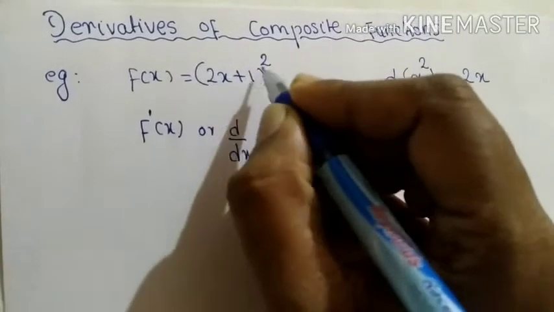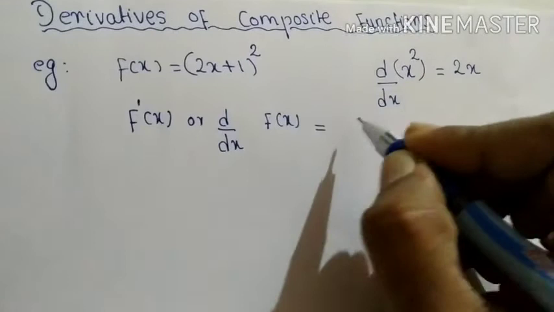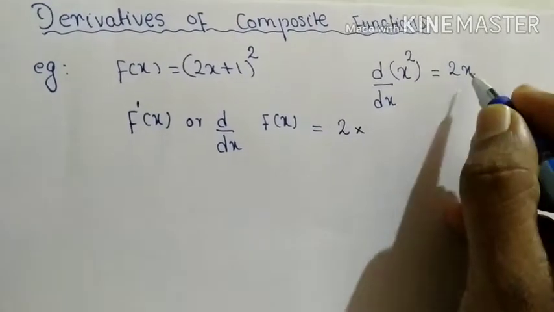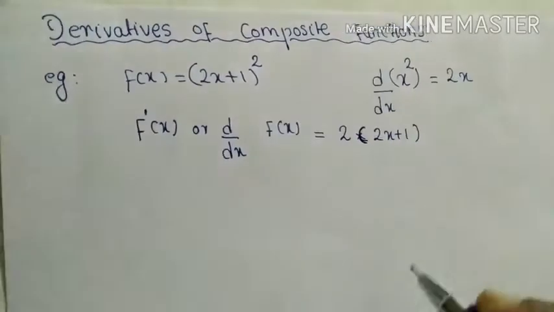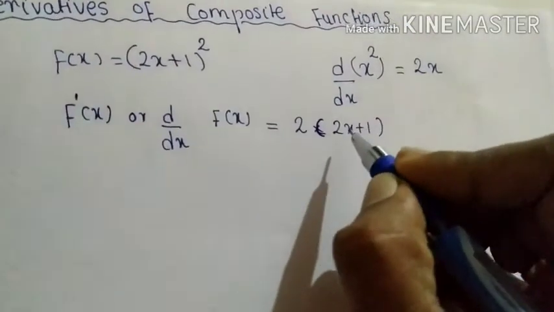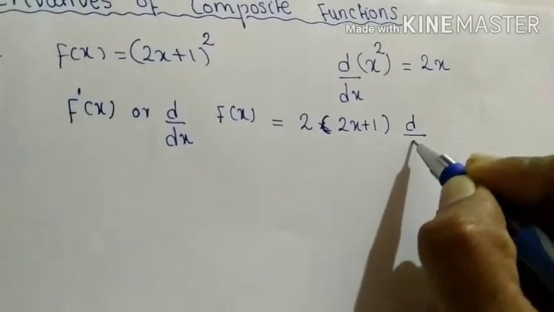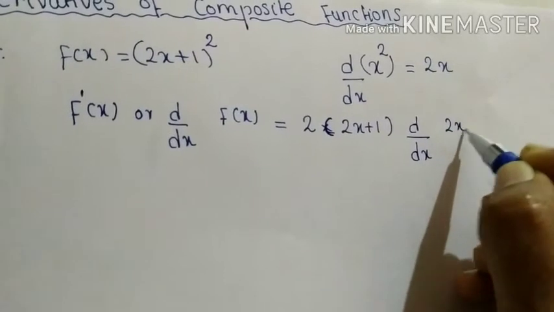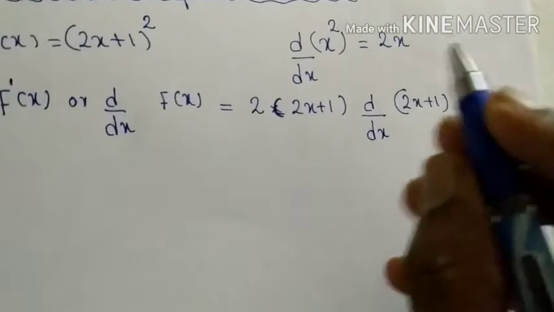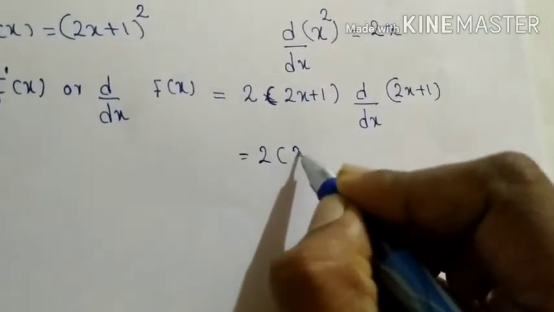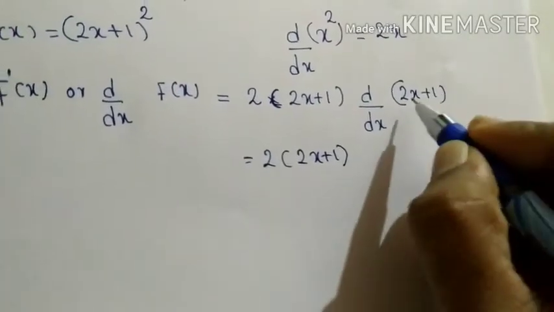So, the derivative of 2x plus 1 all square is equal to 2 into 2x plus 1 into the derivative of 2x plus 1. That is the derivative of the function. Here 2x plus 1 is the function, so we write the derivative of 2x plus 1 here.